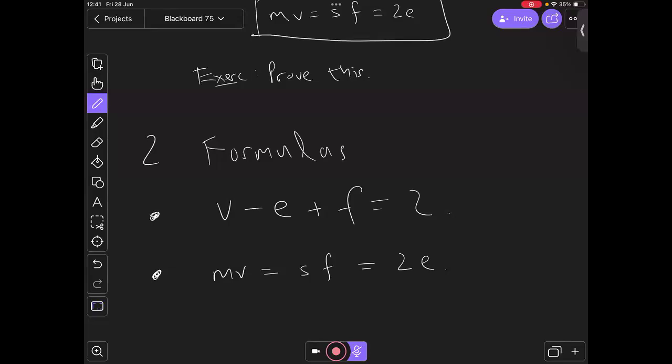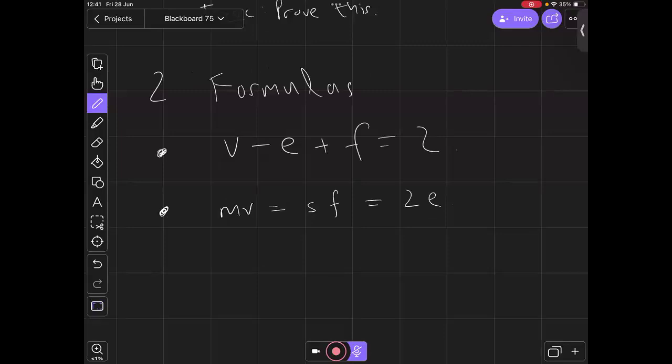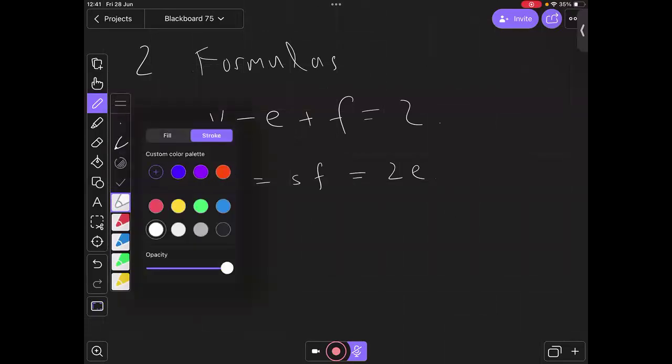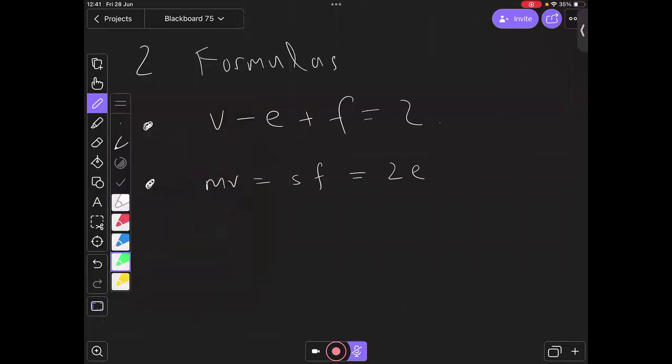Okay, so what we want to do is combine the two formulae. Let me color code this.